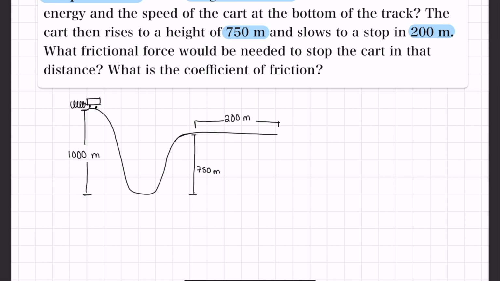So now that we've got our picture, first part of the problem, we're only looking from the top to the bottom. So I'm just going to break that up by drawing this blue dashed line. And then I'm just going to label the 4 parts of interest, which would be here at the bottom, when we first get to the top, and then when we reach the end.